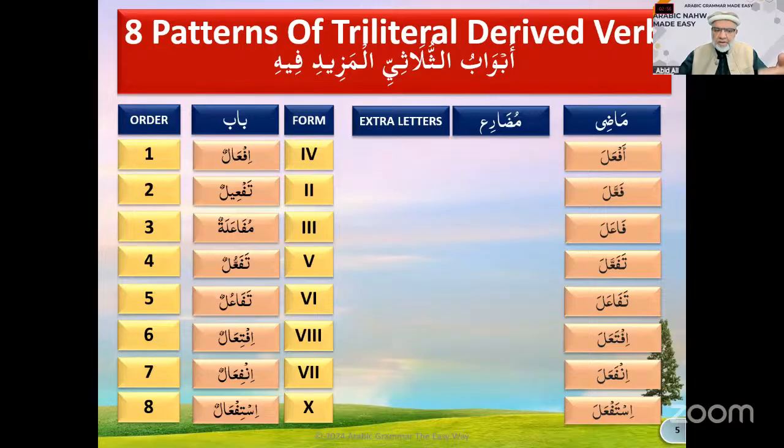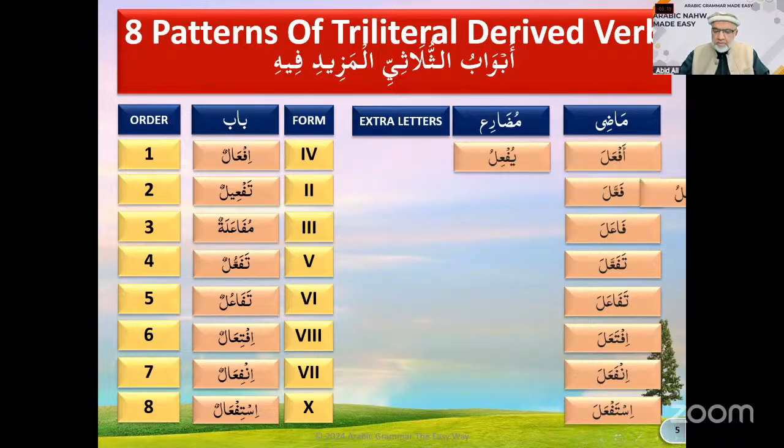These are the Madi patterns of these Babs. Now remember, there is Tanween at the end of each of these. So these are not verbs, these are the nouns. And these are the Maṣdar. Remember Maṣdar from previous class? We'll talk about it more. So we need to know the Madi pattern of all of these. So these are the Madi patterns.